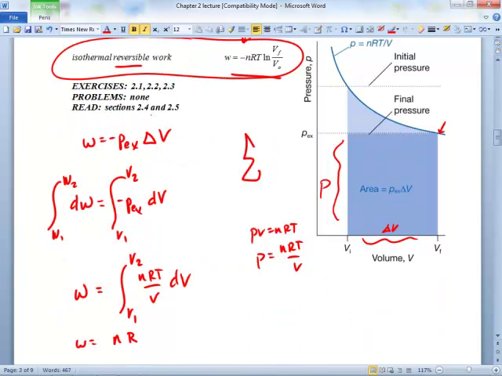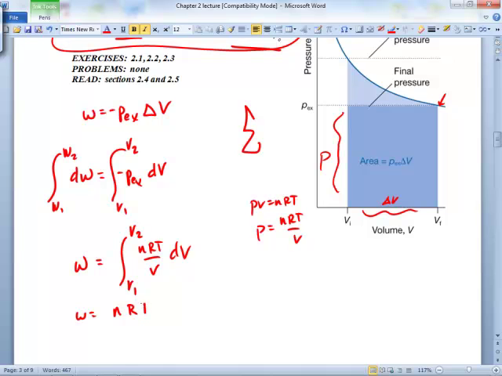T has to be constant. So pull it out. V1, V2, 1 over V dV. What is the integral? What's the antiderivative of 1 over V? It's natural log, right?